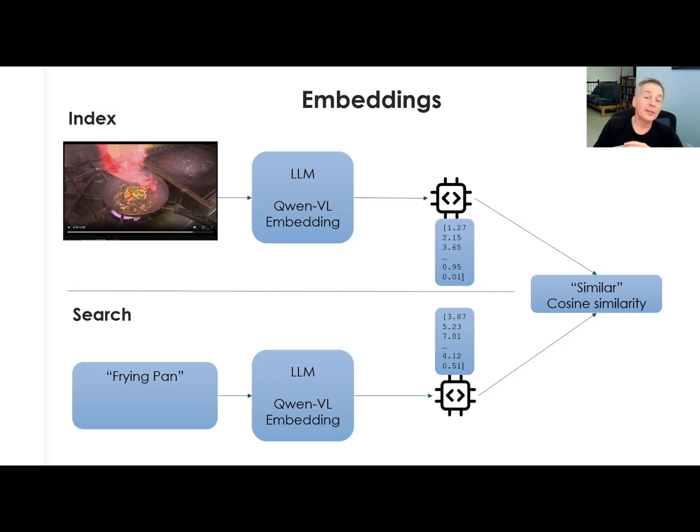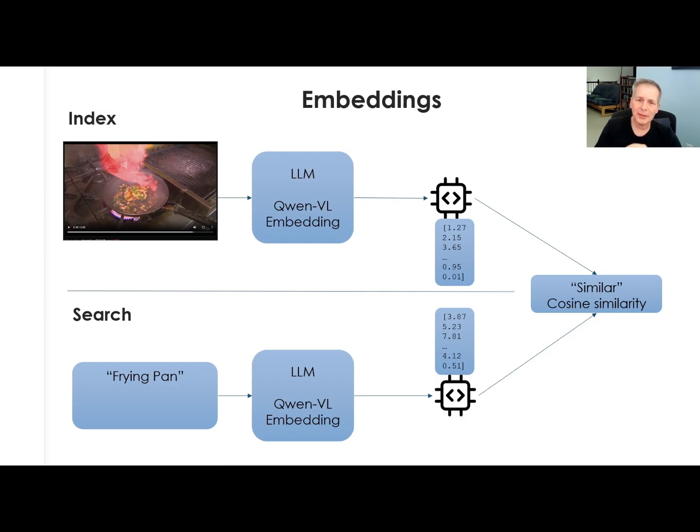Now, what is this useful for? Well, the cool thing is that you can not only create an embedding vector from an image, you can also create it from text. Instead of the image of a frying pan, I'll just take the two words, frying pan. I send that into the model, and it creates an embedding, again a vector of 1,000 values.